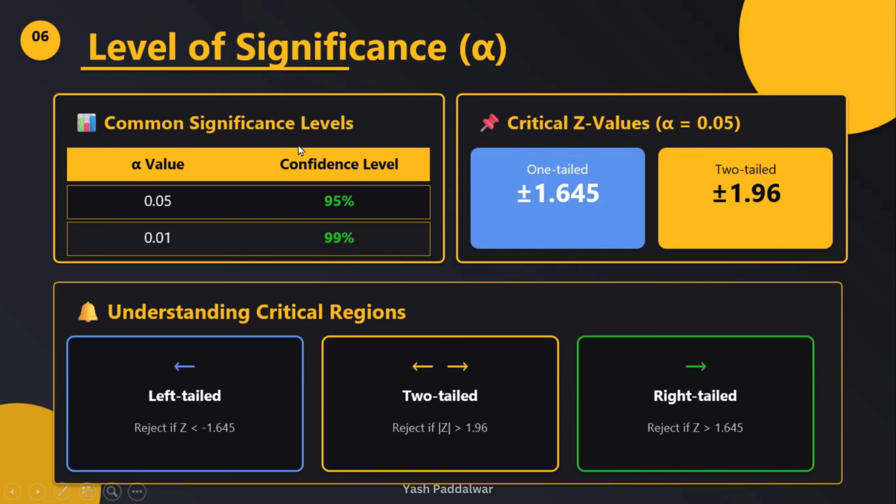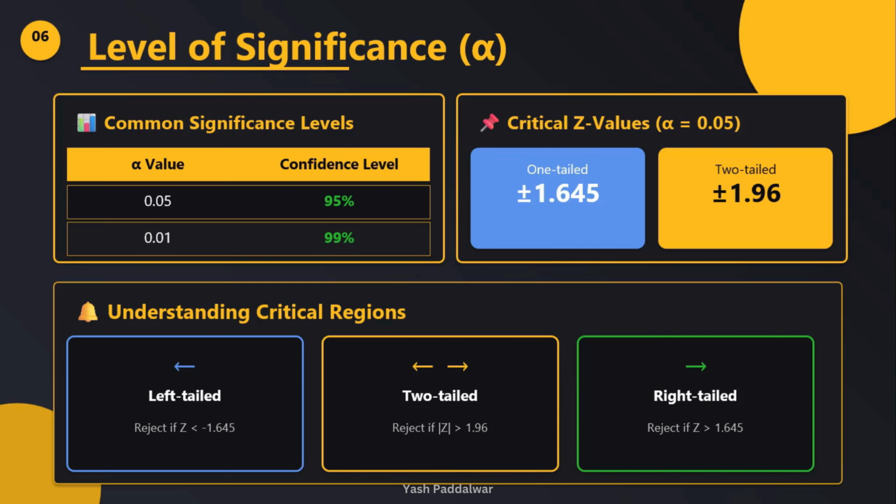So common significance values are 0.05, which is nothing but your 95% confidence level. 0.01 is also common, which is 99% confidence level. Let me tell you simply, if your alpha value is 0.05, it means that you accept a 5% risk of saying that there is an effect when in reality there is none, like wrongly failing a student who actually passes.